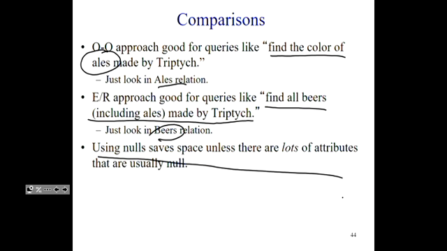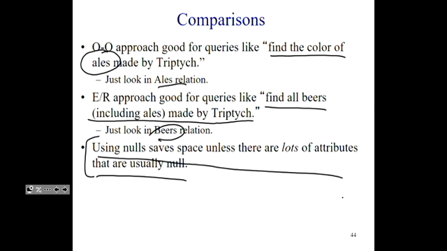Using null saves space unless there are lots of attributes that are null. Okay, so if you have lots of attributes that are null, then this may actually hurt you, right? If you have a lot of redundant attributes that you don't really use in most of the cases, then while the null approach does save space in a lot of cases because you don't have to create two relations, you can combine it all into one relation, if there are lots of attributes that are usually null, this is problematic.